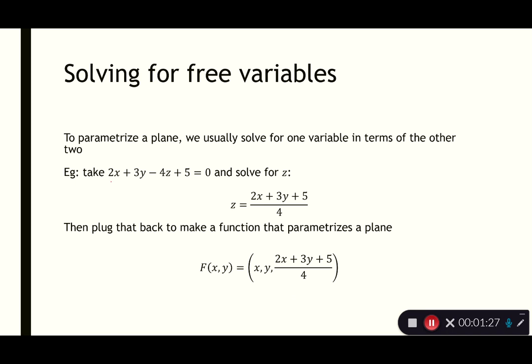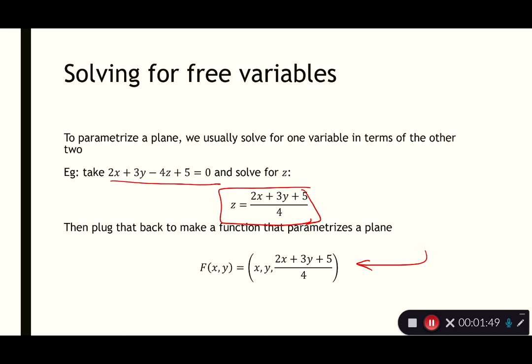So here, what we could do is take this equation and solve it for the variable z. We move z over to the other side and then divide by its leading coefficient. When we solve, we'd be left with this equation that describes z as a function of x and y. And then we can parameterize our plane by plugging it back in.